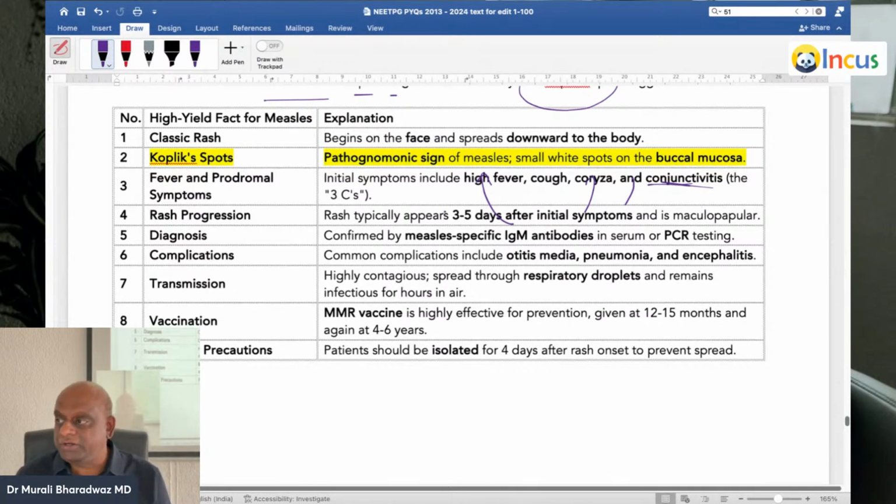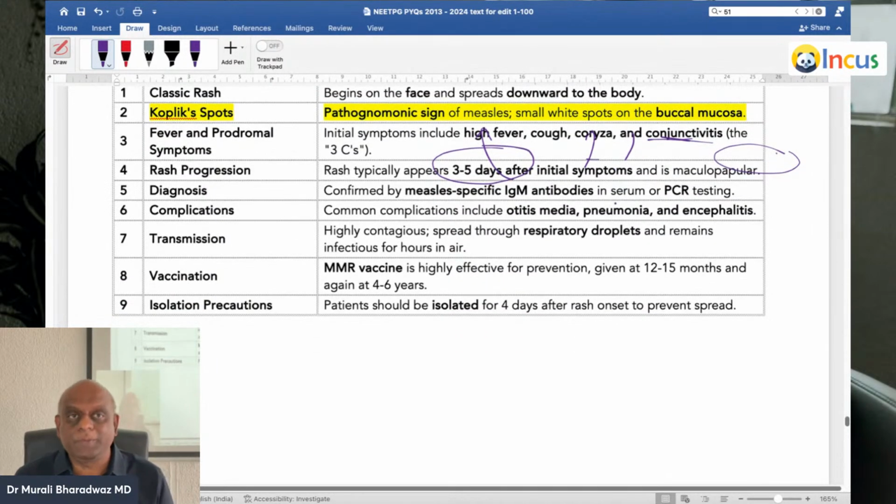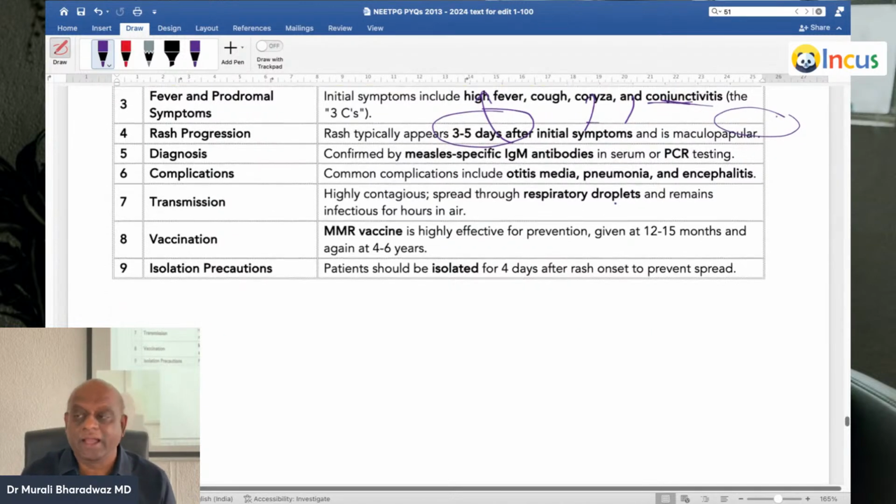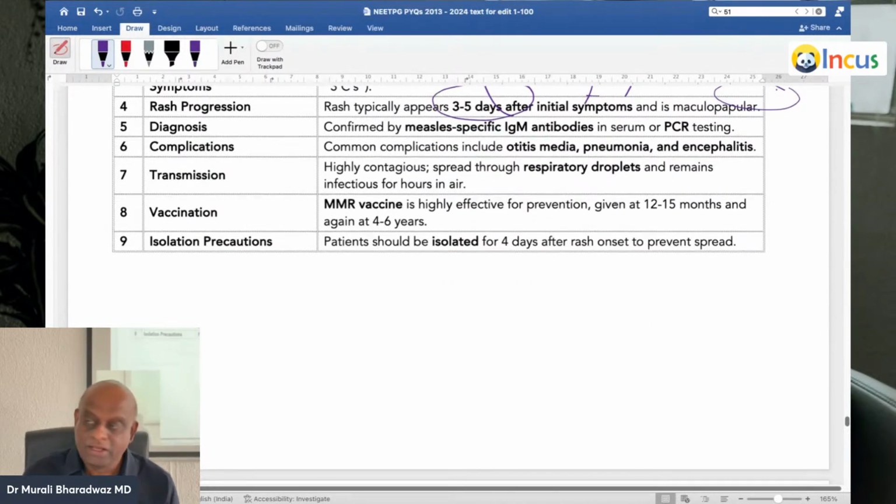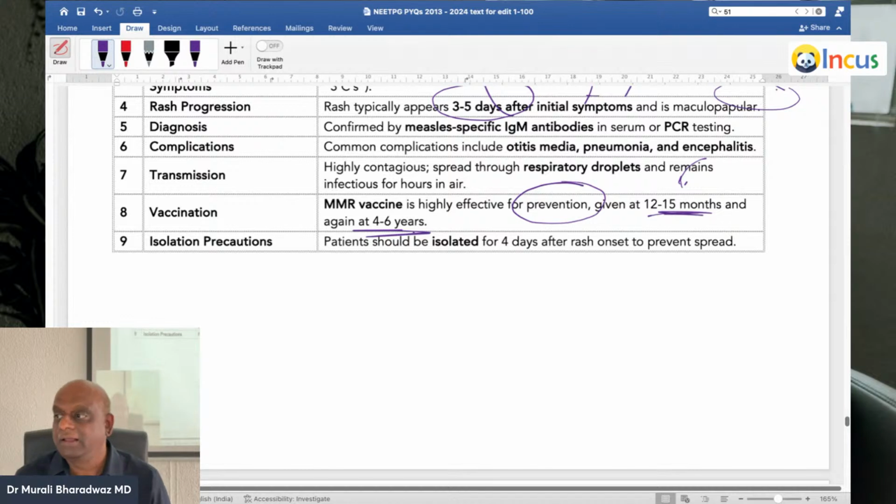When will the rash appear, doctor? 3 to 5 days after the initial symptoms. It is maculopapular. And how is measles transmitted? Respiratory droplets. And we use the MMR vaccine. It is very effective for prevention. It is given at 12 to 15 months and again at 4 to 6 years.